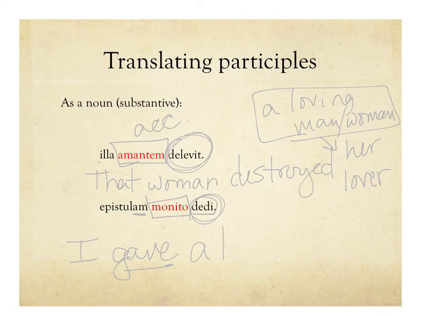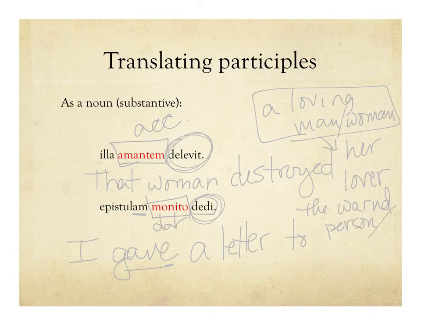I gave a letter, so this is probably dative, to the warned person, right? That is, I gave the letter to the person who had been warned, or the person I had warned, or anything like that, right? And again, context will help. So that is really how participles are used.